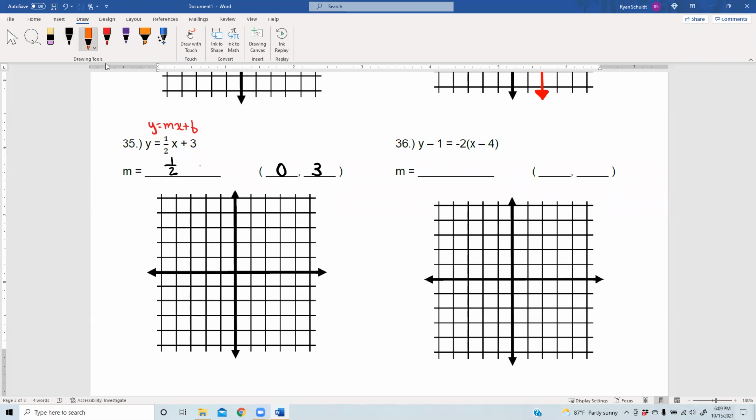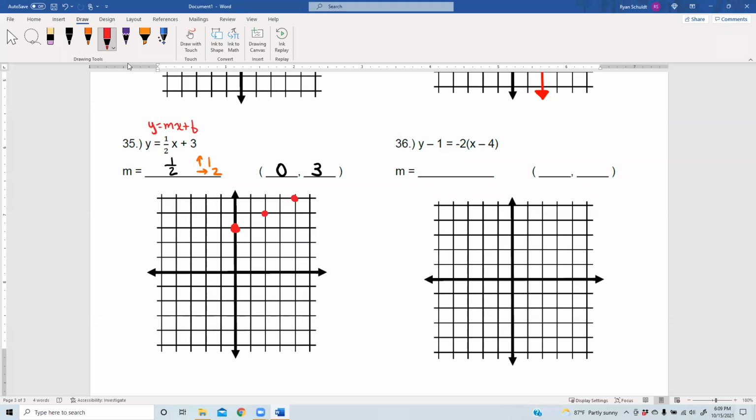So this 1/2 tells me I need to go up 1, right 2. So I'm going to go to 0, 3. Put me a big old Texas size point, and then go up 1, right 2. Up 1, right 2.